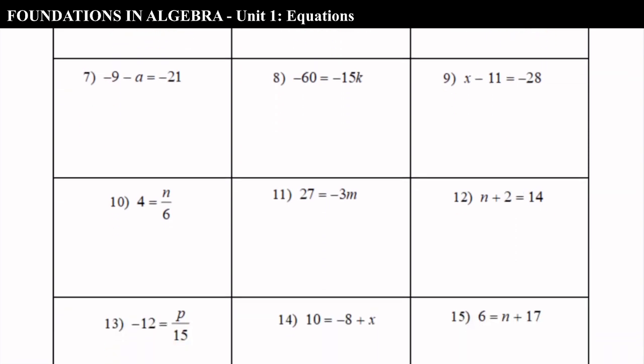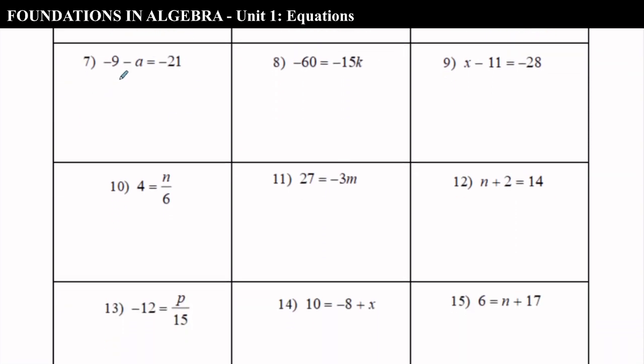For number 7, we have negative 9 minus a equals negative 21. So I'm going to add 9 to each side. Now we still have negative a on this side, and on this side we're going to end up with negative 12. Now if negative a equals negative 12, then a has to equal 12.